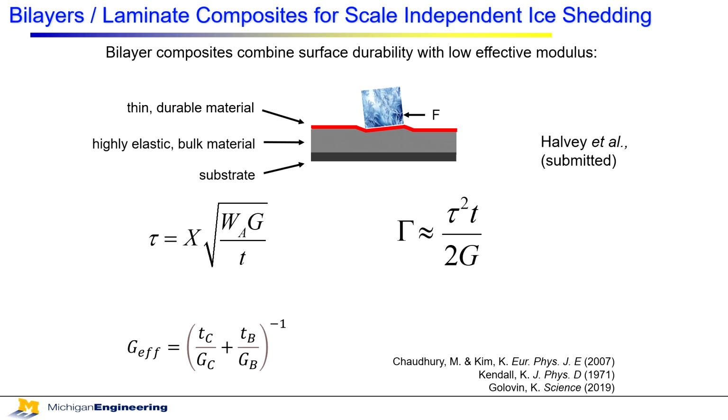And the special thing about these laminate composites is that we have something that's very, very soft on the bottom, and then a thin layer of something that's very, very hard on the top. What that does is it lowers the effective modulus of this laminate composite. So overall, the thing is relatively soft, even though the top layer is very, very hard. That provides a lot of durability. And then we can show it should lower the ice adhesion strength as well as the interfacial toughness.